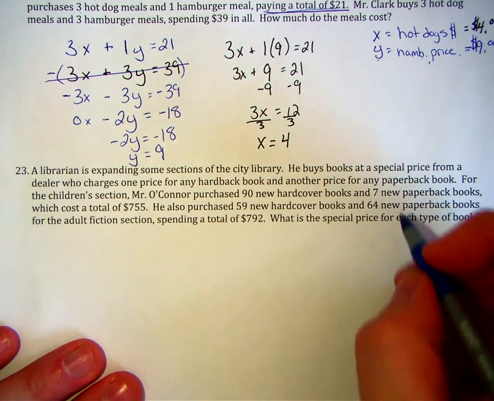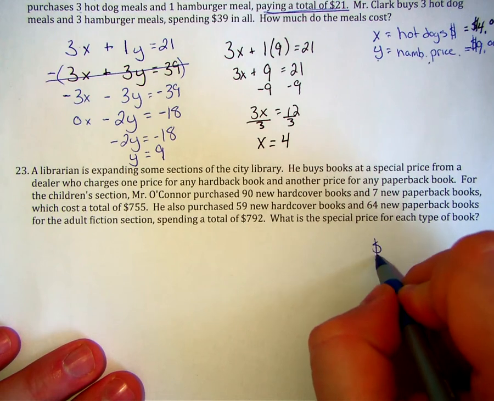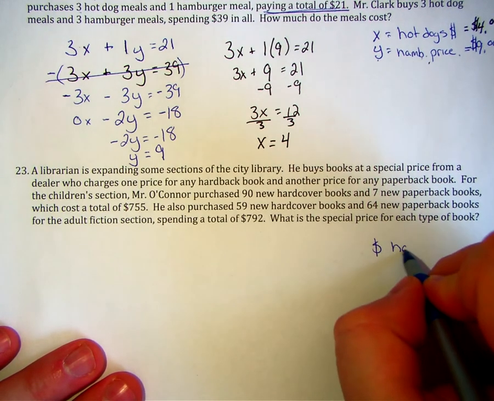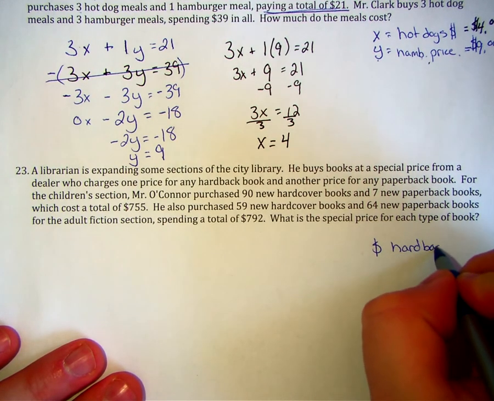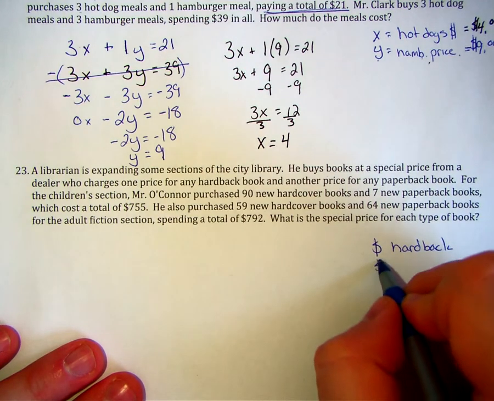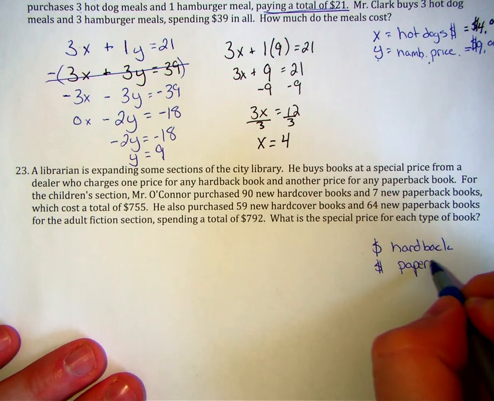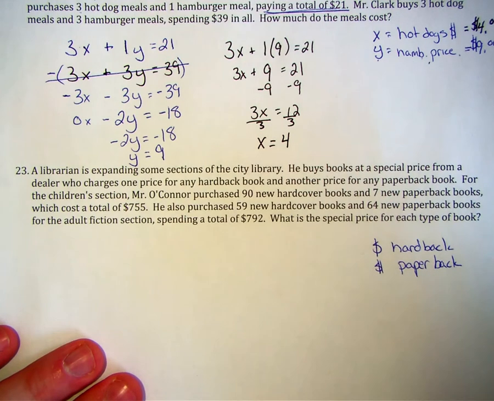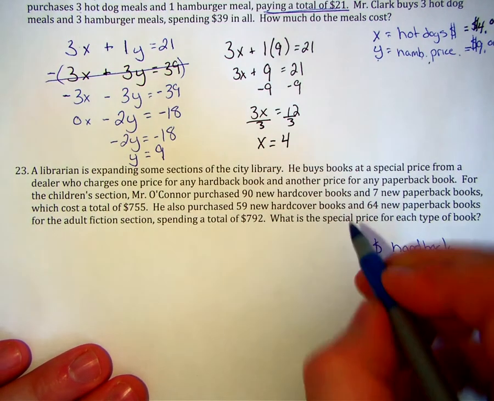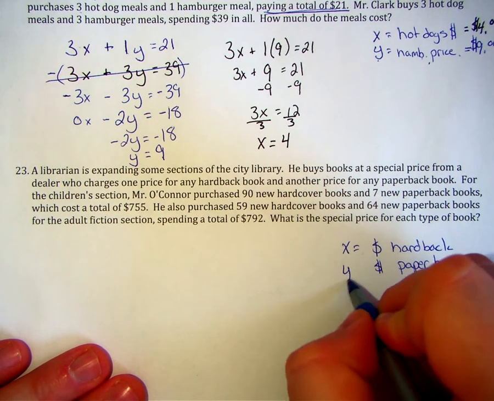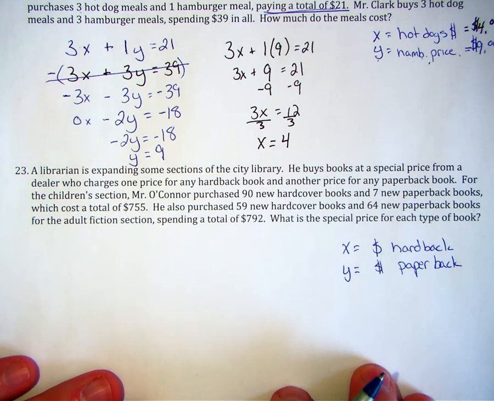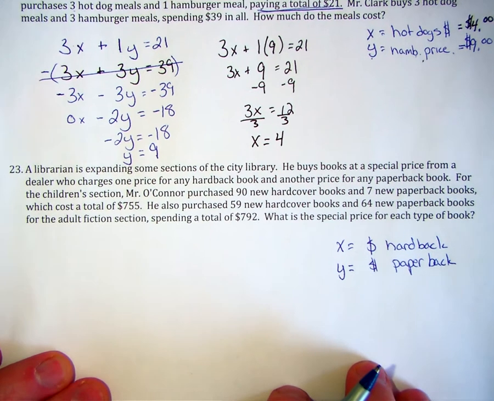In other words, what is the dollar value for a hardback and the dollar value for a paperback? Well, since those are the 2 things we're looking for, they must be our x and our y variables. So now we can start to put together a system of equations.